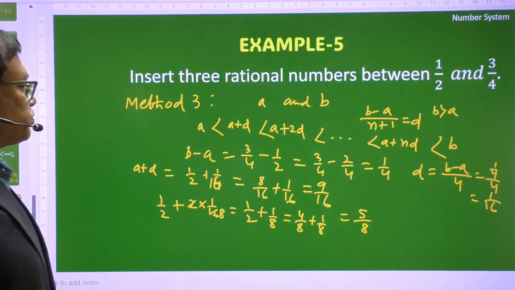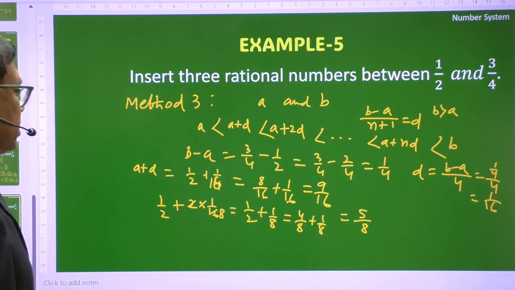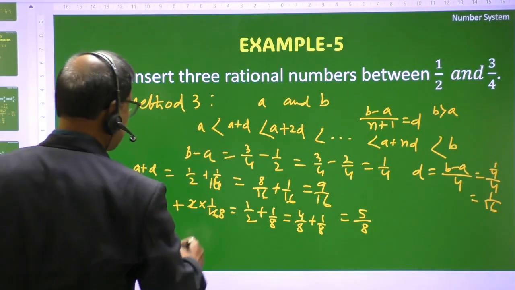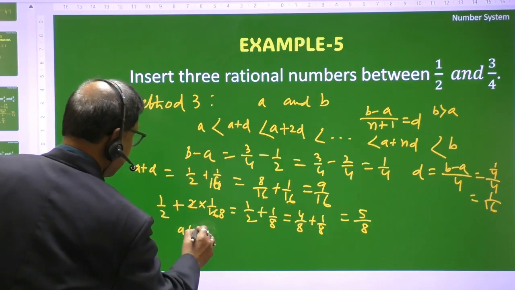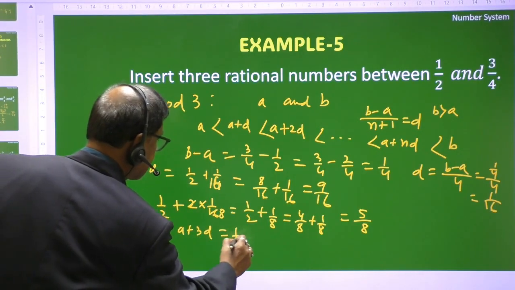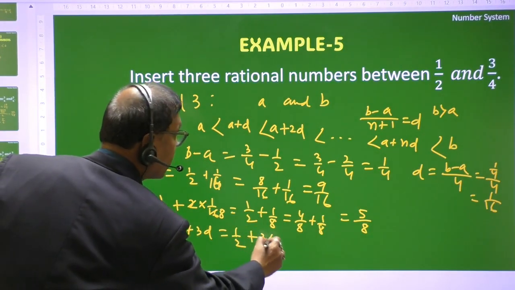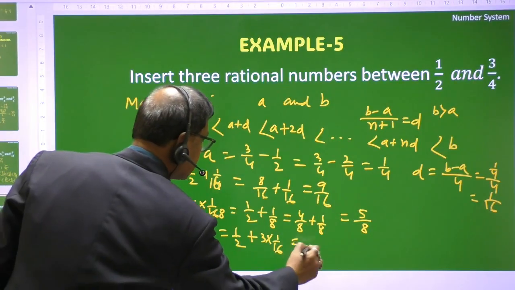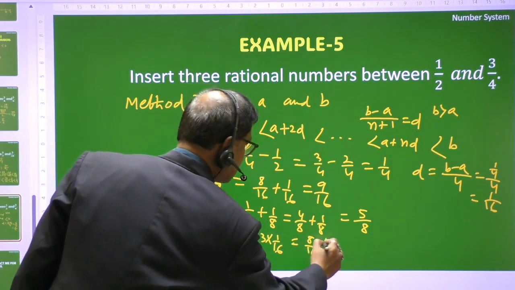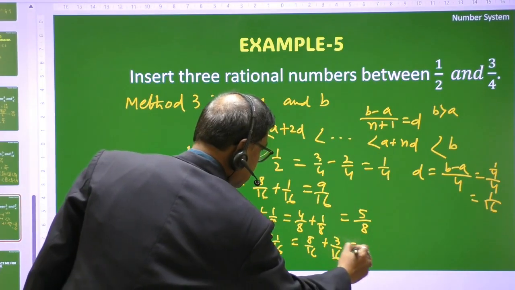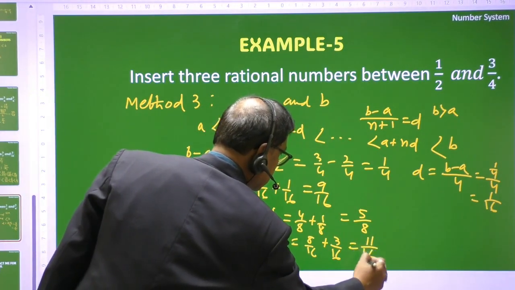Another number. Yes. Next, one more, A plus 3D, that is half plus 3 into 1 by 16, that is 8 by 16 plus 3 upon 16, that is 11 upon 16.